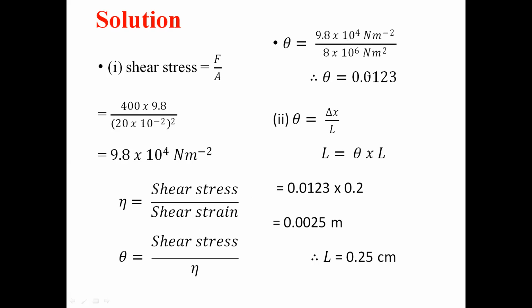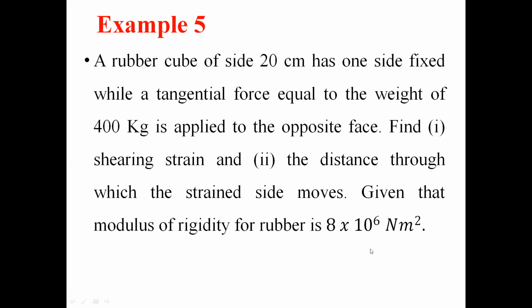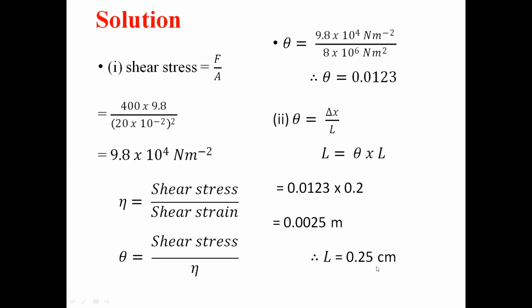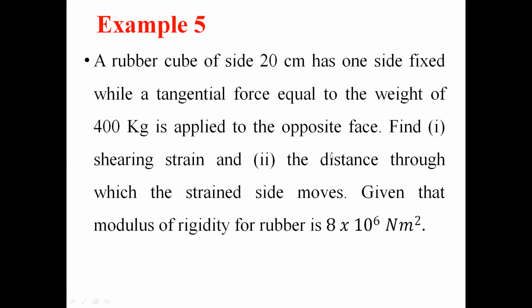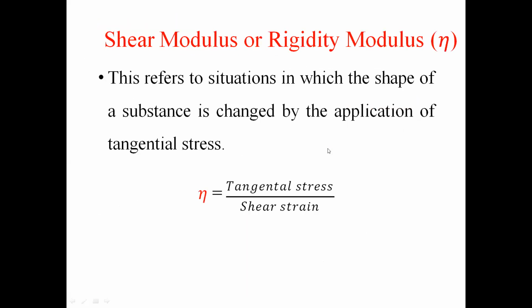Theta equals delta x by L, so delta x equals theta into L, where L equals 0.2. Finally, the length is 0.25 centimeters. The distance through which the strained side moves is 0.25 centimeters. This is the calculation of shear modulus or modulus of rigidity.